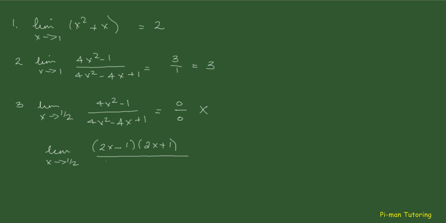And the bottom expression factorizes to 2x minus 1 into 2x minus 1. So we can see that we've got a common term top and bottom, so there's a hole in this function at x equals 1/2, since x cannot be equal to 1/2.